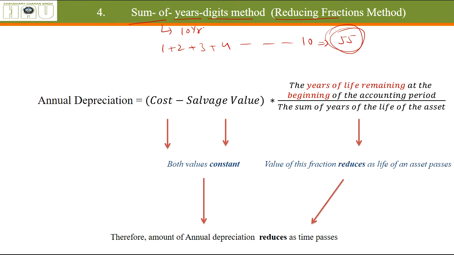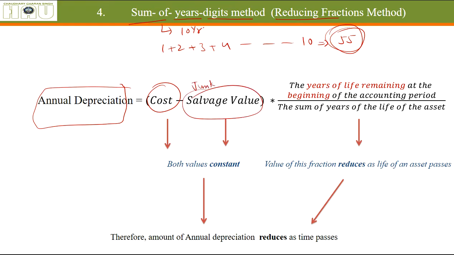Okay, the total amount of depreciation in this method, annual depreciation in this method, is calculated by cost, that is the purchase price, minus salvage value, or you can say the junk value at the end of the life. These things will always remain constant. Okay, plus the years of life remaining at the beginning of the counting period.